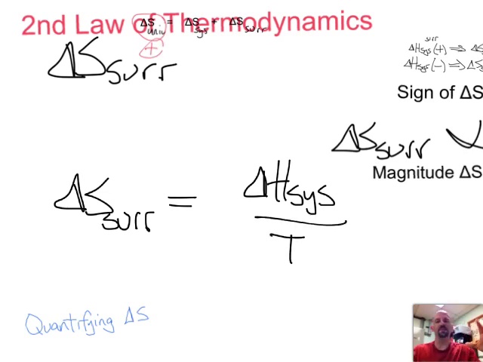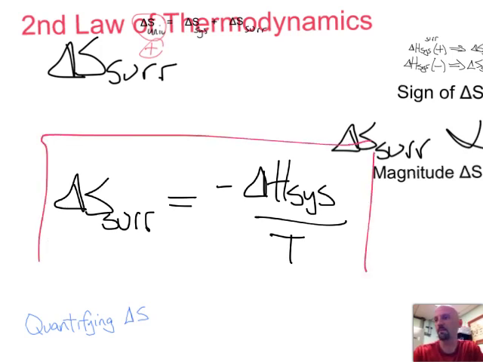And we're going to assume that the system and the surroundings are at the same temperature. And then I also need to put a minus sign in front of that. Now, I'm going to take a little bit of extra time, and I'm going to go ahead and box this guy, because this is really our first quantifiable change that we've arrived at in this unit.